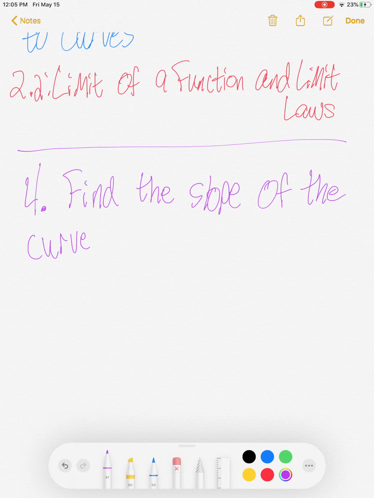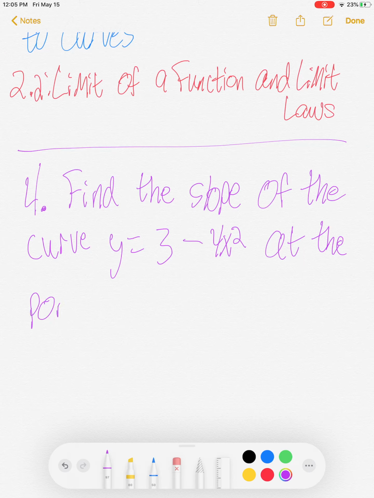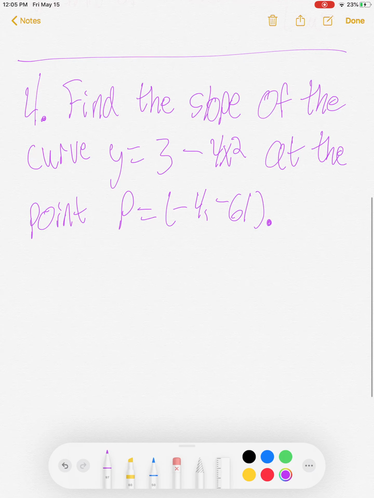The curve is y equals 3 minus 4x squared, at the point P, which is -4, -61. All right, find the slope of the curve.